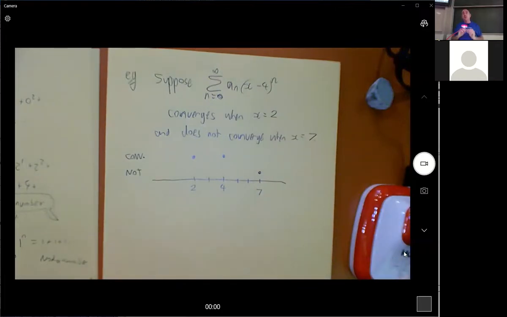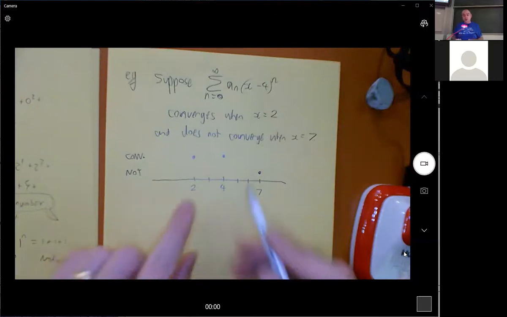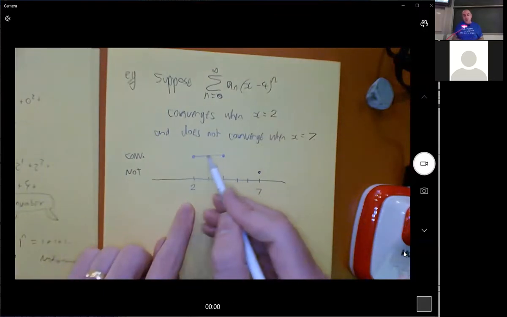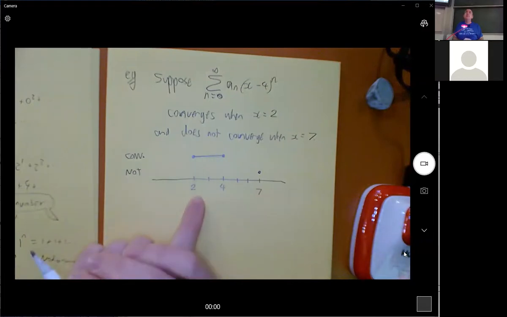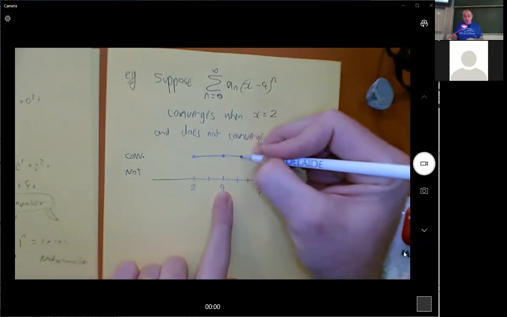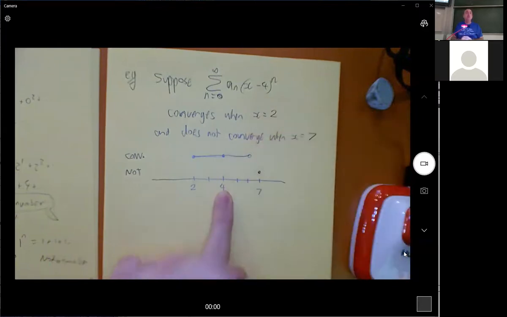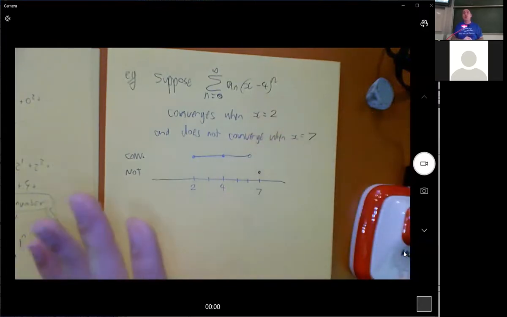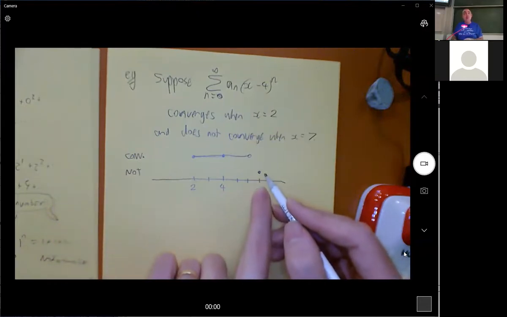So since it's an interval, it definitely converges everywhere in between here and here. And since the center of the interval is 4, it definitely converges all the way up to here. But that's all we know so far. We definitely know it diverges here at 7.